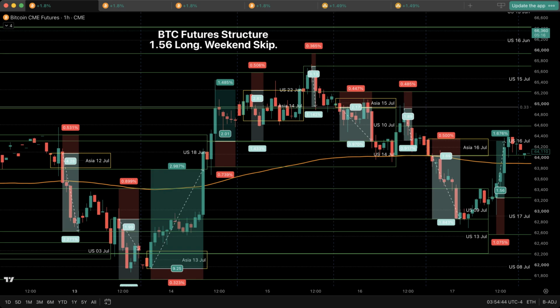Now, final read. July 17th U.S. session forms inside July 9th U.S. memory. Price rises. It breaks above July 16th U.S. lower boundary. It tests July 16th U.S. midpoint. The long plan appears. Entry: July 17th U.S. upper boundary. Stop: July 17th U.S. lower boundary.